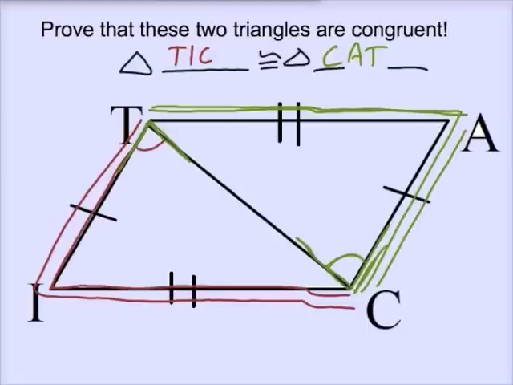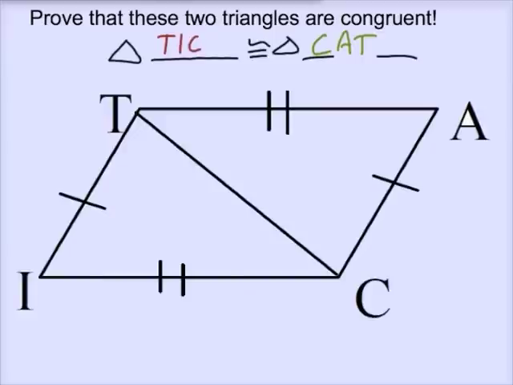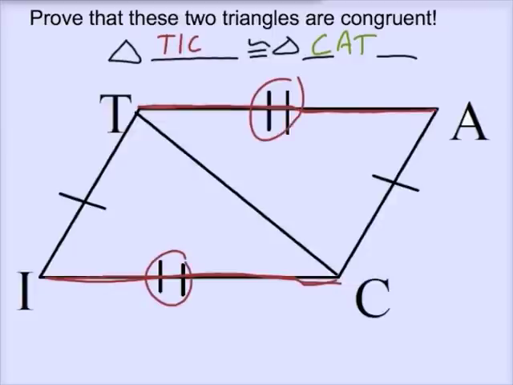How are we going to do that? Well, let's take a look at those congruence marks again. I see I've got 1 pair of segments. Let's call this IC. IC and AT must be congruent because they both have these 2 pairs of congruence marks on them. And likewise, this segment TI is going to be congruent to segment AC.